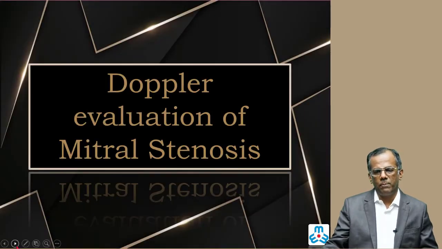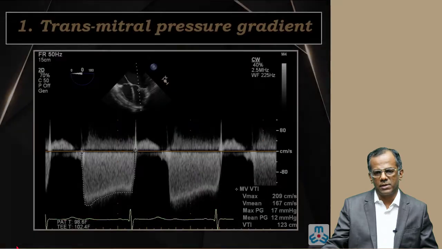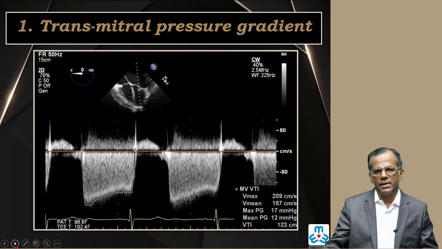Now coming to the Doppler evaluation of mitral stenosis. The first one is transmitral pressure gradient. Now you'll have to get a continuous wave Doppler across the mitral valve leaflet tips in one of the mid-esophageal views, and on tracing this continuous wave Doppler, you would get the max gradient and the mean gradient.